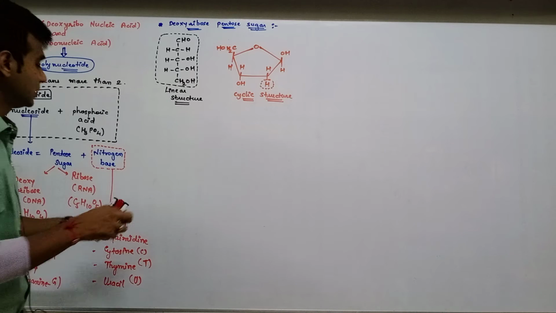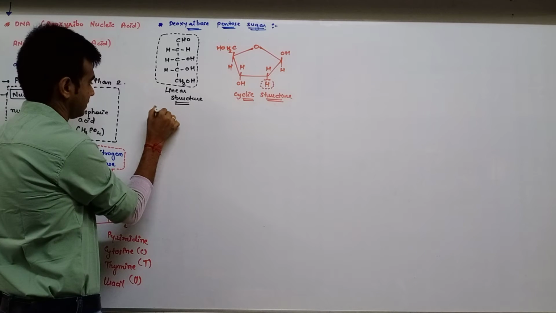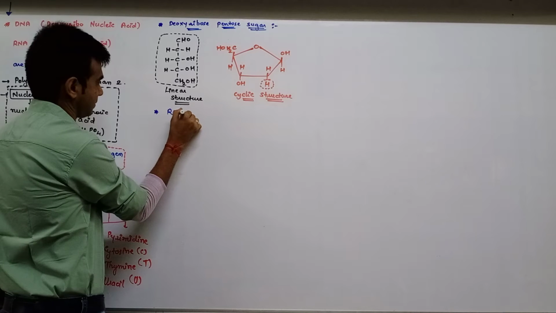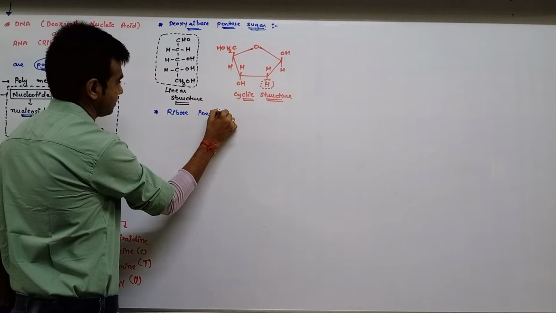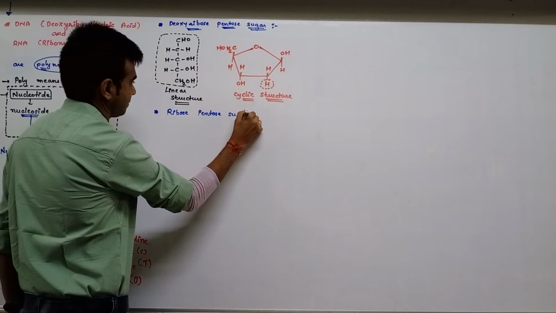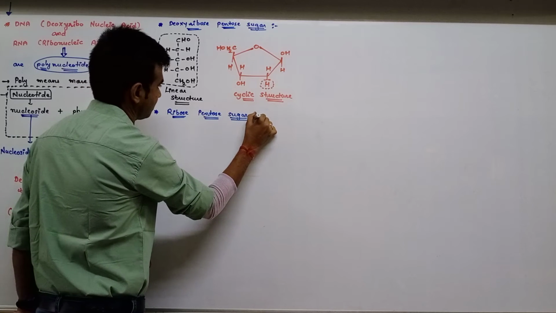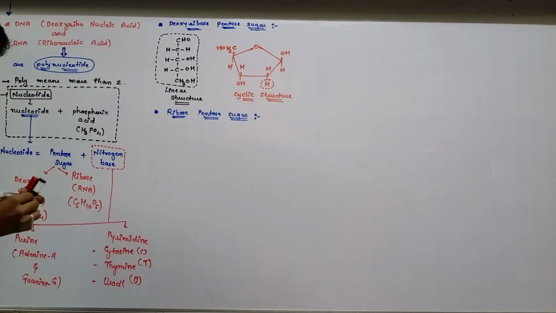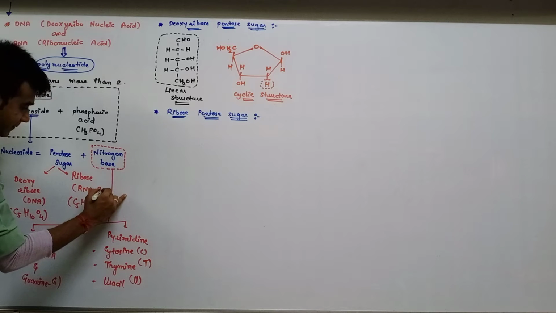Now, ribose sugar. Ribose pentose sugar is present in RNA, and one more thing I want to tell you: ribose sugar is also present in ATP.